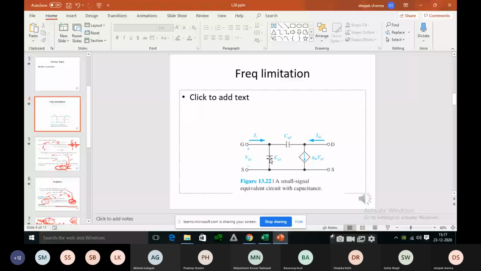Whenever we speak about frequency limitation, there are two things which affect it. The first thing is channel transit time. What do you mean by channel transit time? It is the time taken by the charge carriers for the transition in the channel.